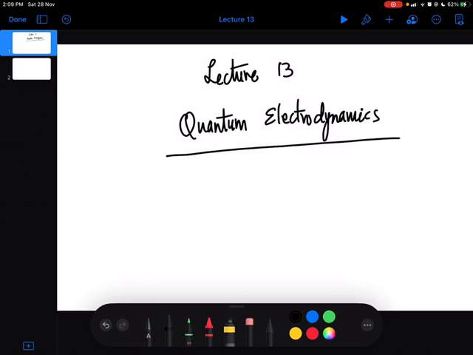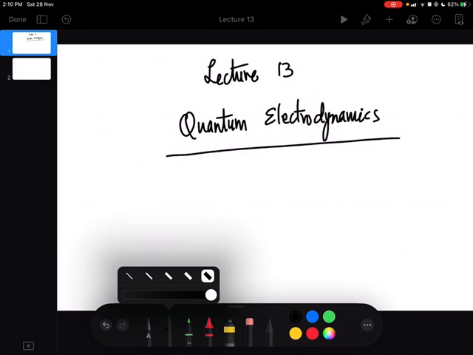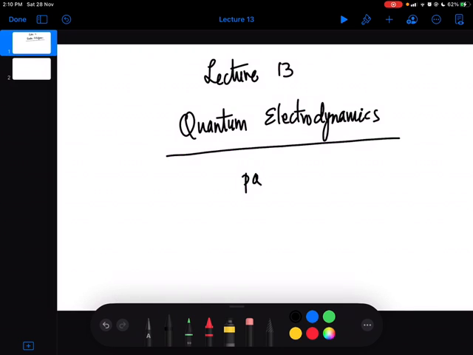So let's look into greater detail what each term means, and how this Lagrangian actually implies that there is an electrodynamics picture in what we have been doing. So this is actually part one of quantum electrodynamics. We'll start doing more of this in the next 2-3 lectures.